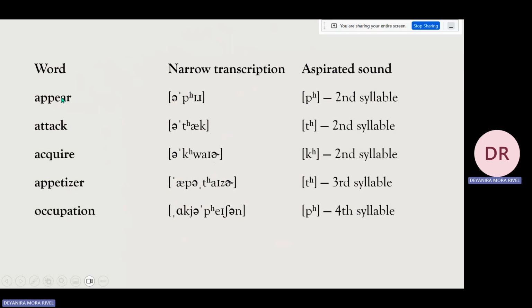So appear, attack, acquire, appetizer. Yes, the stress is in tizer. Occupation. The stress is there.